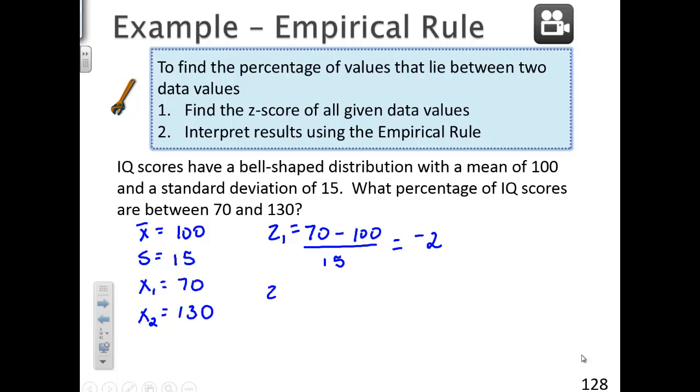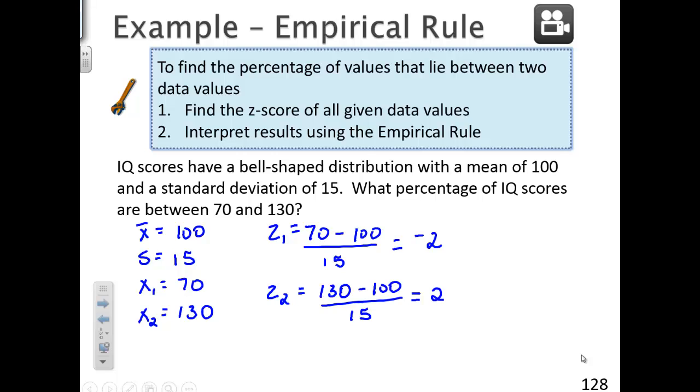The z-score for x2 will be 130, remember data value minus the mean, divided by the standard deviation. That is a positive 2. And you can use your calculator to compute those.